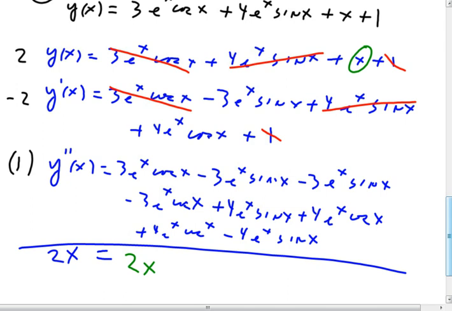I would be happy. Okay, so now I've got minus 6 sine. I got positive 6 sine, and I have minus 6 sine sitting there.